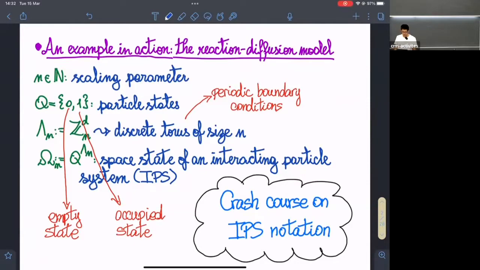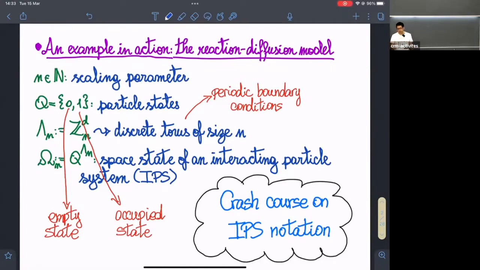Okay, so usually when we talk about particle systems, there is a set Q, which is the set of particle states. For example, in the Ising model that Hendrik was discussing yesterday, Q was plus 1 and minus 1. Today, I think it was Francis, maybe, who was talking about these diffusions, and the particle states were 0, 1, and 2.